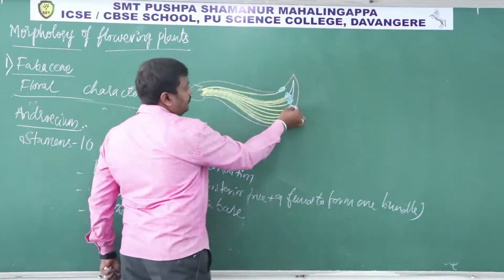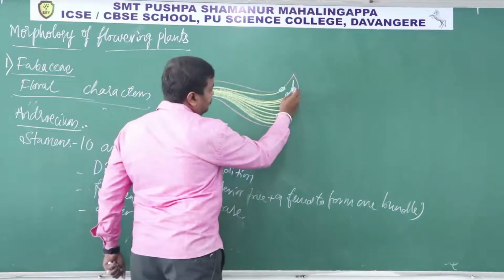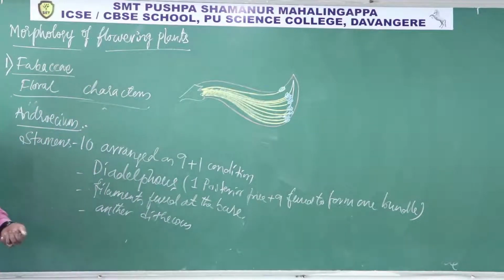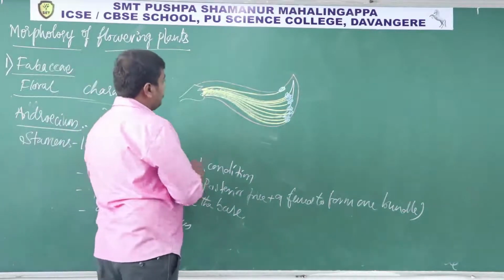Okay, 1, 2, 3, 4, 5, 6, 7, 8. 1, 2, 3, 4, 5, 6, 7, 8, 9. Okay, so 9 stamens. So these 9 stamens are fused at the base like this.